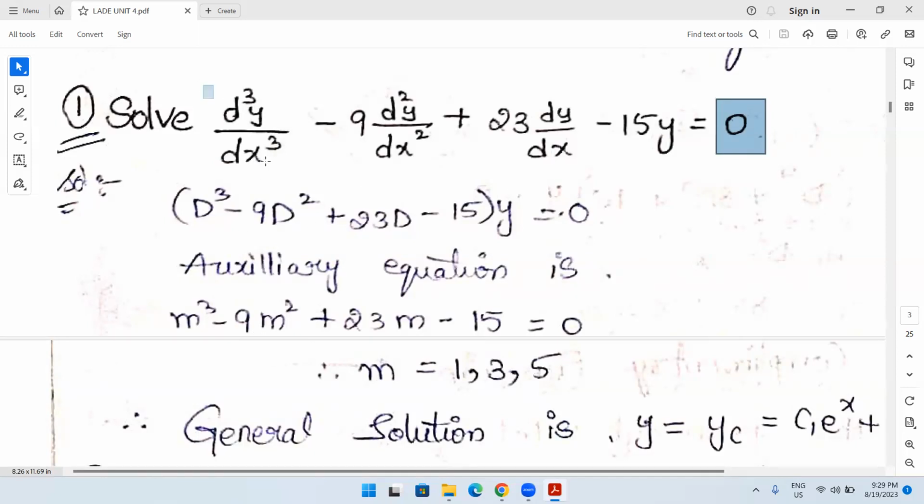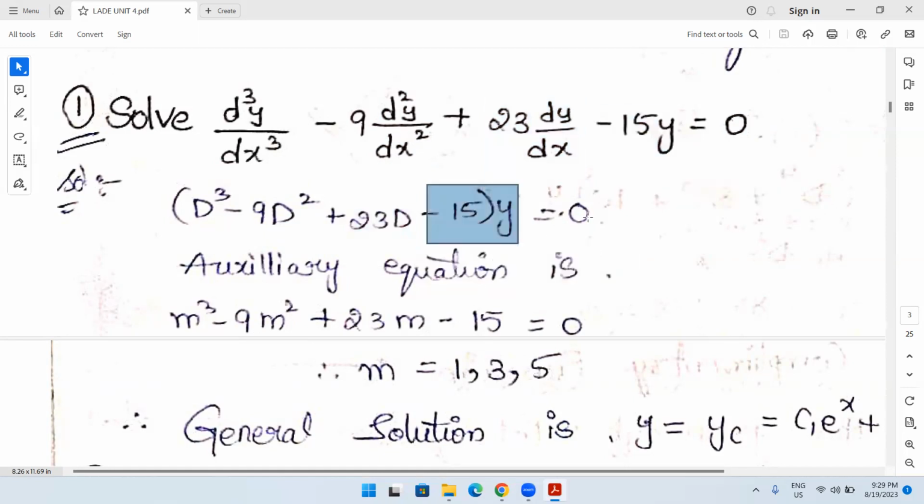We have seen in the last video how to write the operator D form. D cube y by dx cube is nothing but D cube y. We take y common in all the terms, and minus 9 d square y by dx square can be written as D square y, and 23 dy by dx can be written as 23D into y, minus 15y.